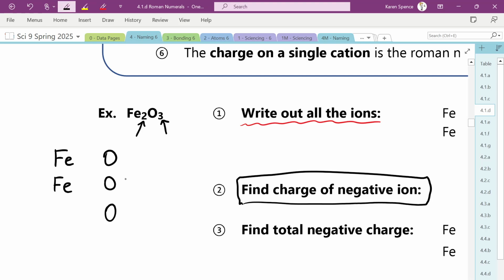And then on our O's, we write down 2 minus, 2 minus, 2 minus. Now we add those charges up. 2 negative, 2 negative, 2 negative. How much is that in total? 6 negative.